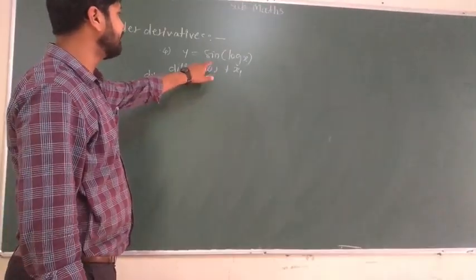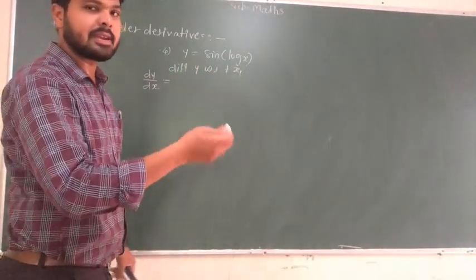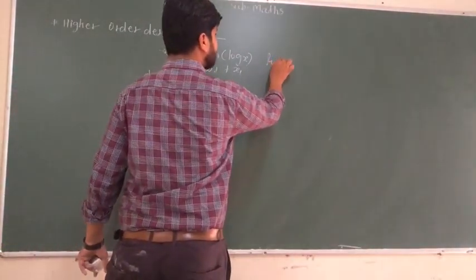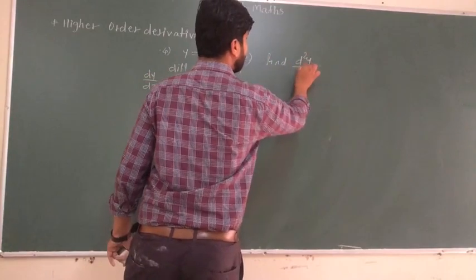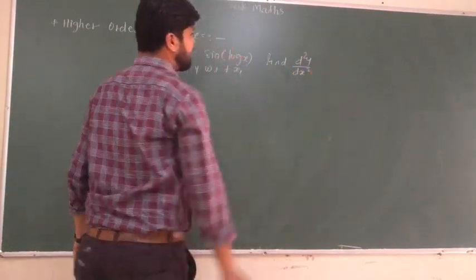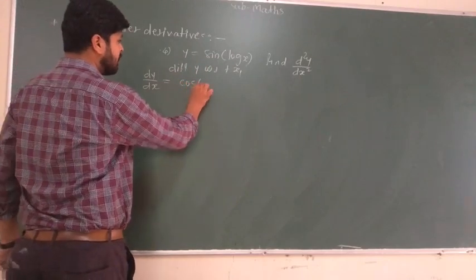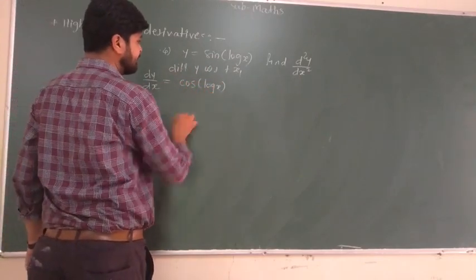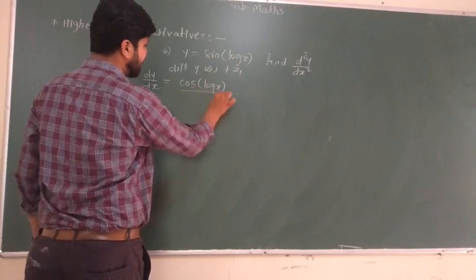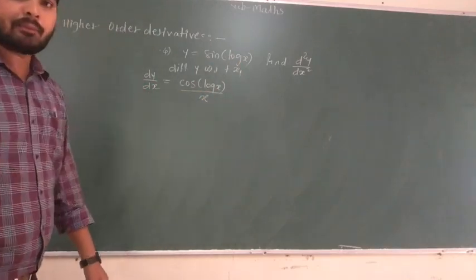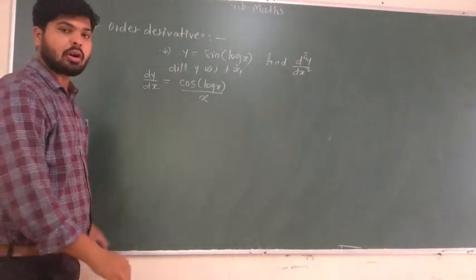Now if you observe, question is find the derivative up to second order. Question is find d2y by dx square. So derivative of sine is cos of log x into derivative of log x is 1 upon x. So this is the first order derivative.